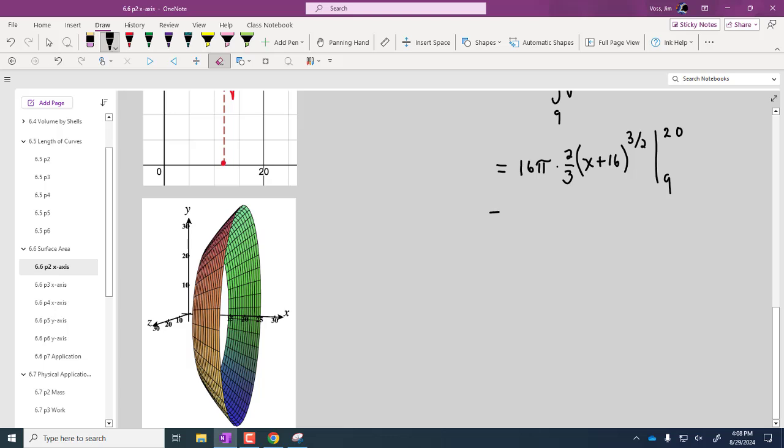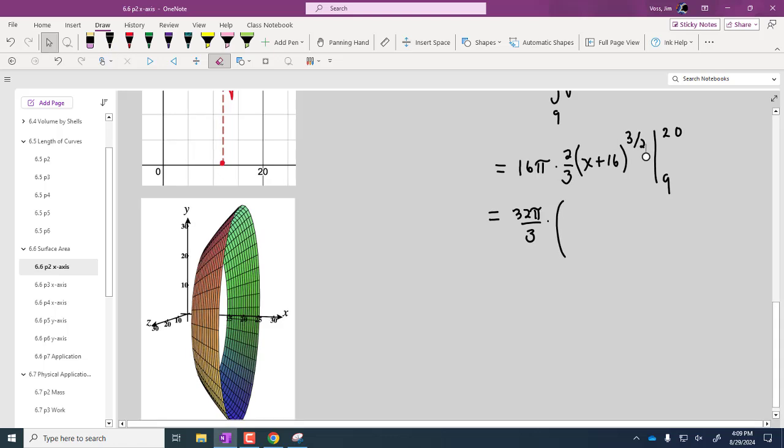And we're going to have 32 pi divided by 3 multiplied by, let's see. Plug in the 20 first. 20 plus 16 is 36. The square root of 36 is 6. 6 cubed is 216.